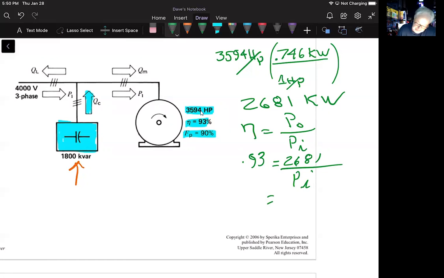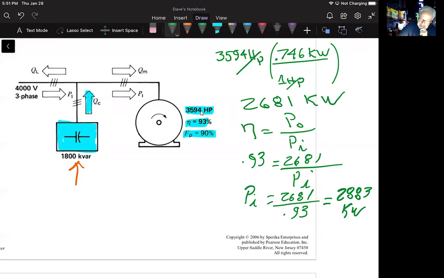So we know it's going to be 7% more because it's 93%. The power in is going to be 2681 divided by 0.93, and that comes out to be 2883 kilowatts. Okay, pretty good. That's part A. That wasn't too bad, right?